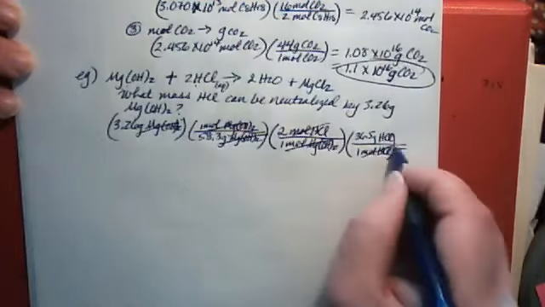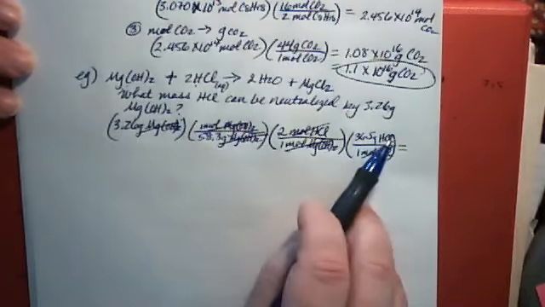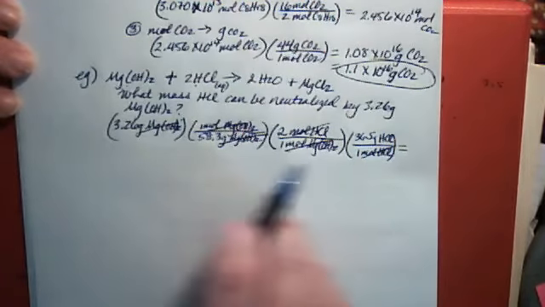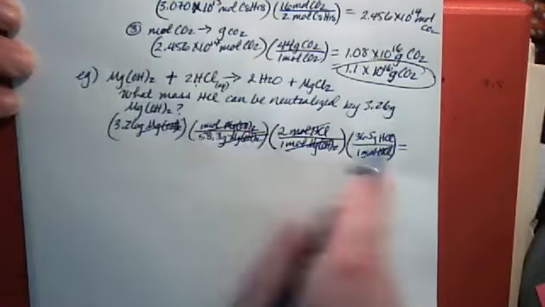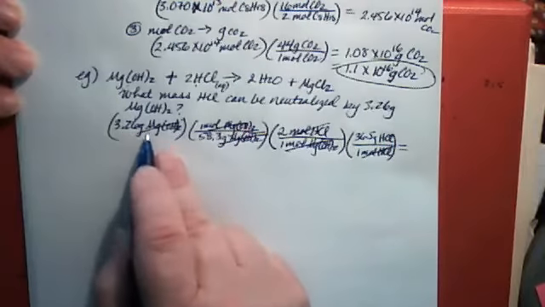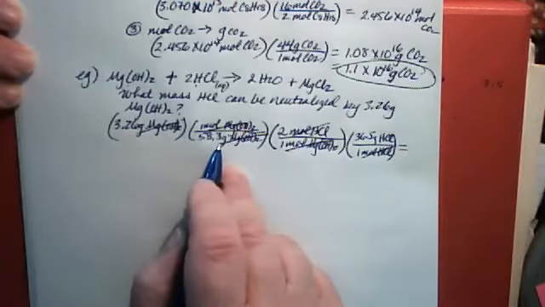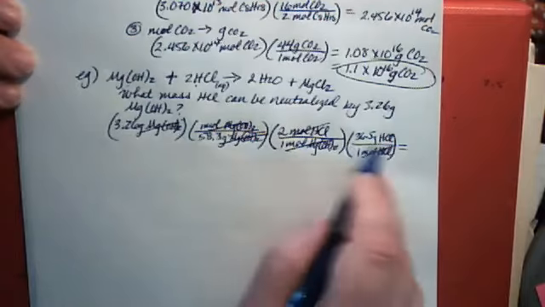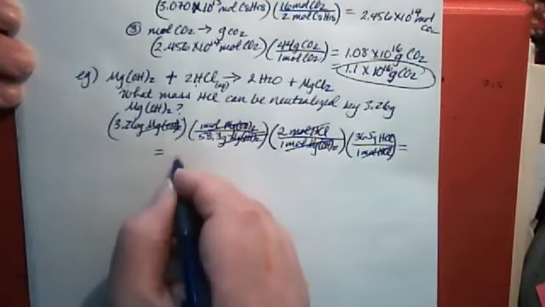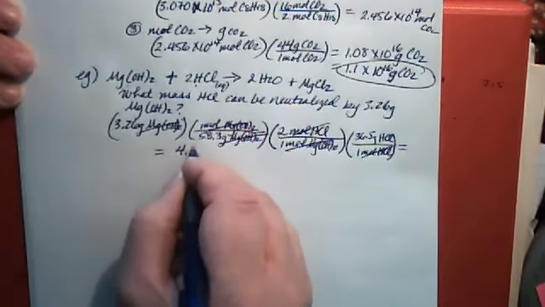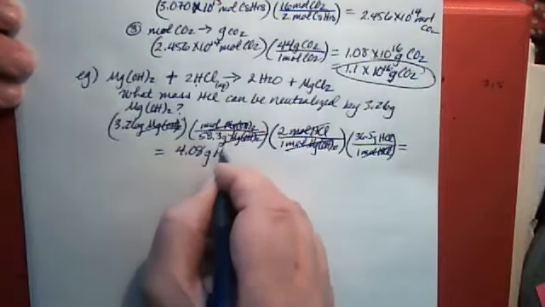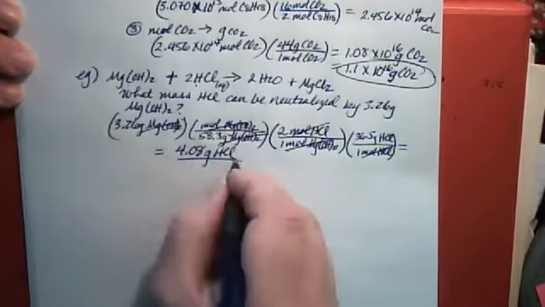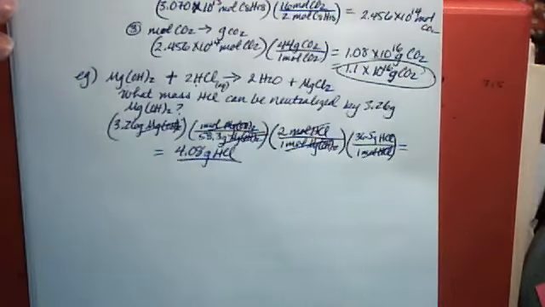Now moles of HCl cancel out, and you end up with grams of HCl as the only unit left. So now you can just go right across and take 3.26 divided by 58.3 times 2 times 36.5. That should come out to be 4.08 grams of HCl. Okay, so that's another example there.